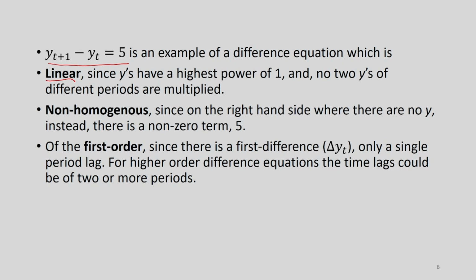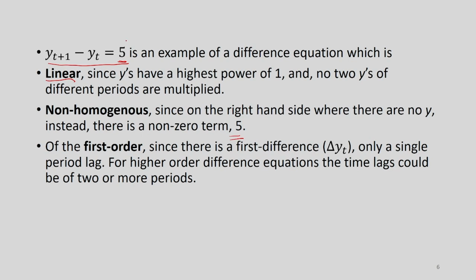The second comment about the typology of this difference equation is that it is a non-homogeneous difference equation. And the reason for that is that on the right hand side, that is here, where there are no y's, what we have is a non-zero term 5.